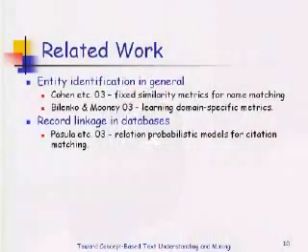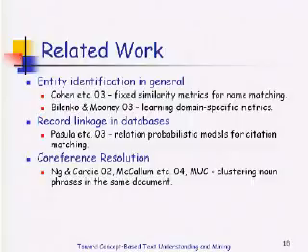So in the entity identification problem in general, some people try to find a good similarity metric to match names. And also some people, like Bilenko and Mooney, try to learn a domain-specific similarity between names. So they can tell whether two names refer to the same entity or not. And in the database domain, there is a famous problem called record linkage. The basic idea is to identify duplicate database records and try to link them together.